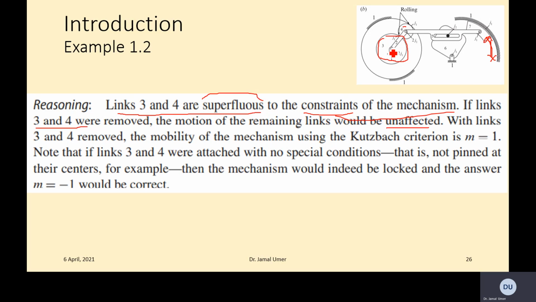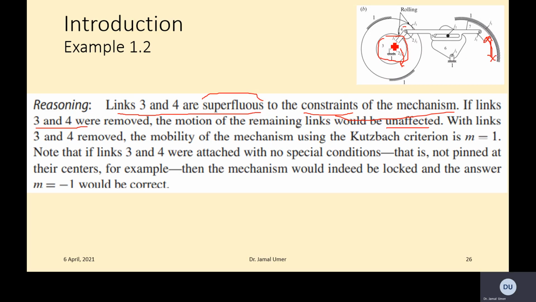It's not necessary because this link is being held here. It can surely move in a circular way, clockwise or anti-clockwise, and this is being constrained here as well. It's not freely moving, because this has been constrained here and this has been constrained here. That's why it can only move during these phases.